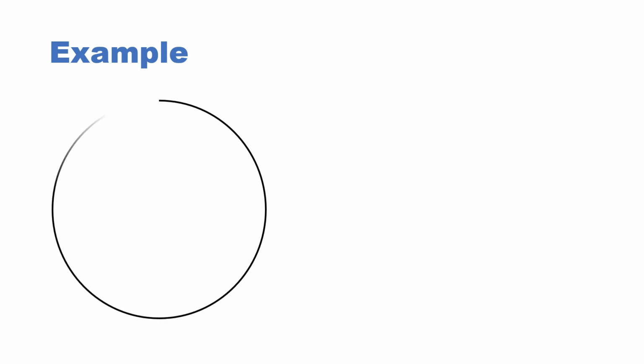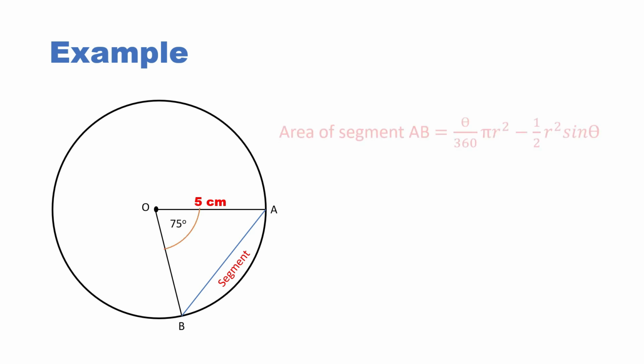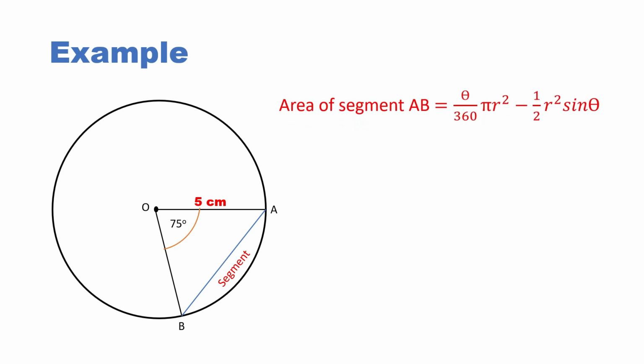For example, if we have our circle with center O and given the radius 5 centimeters and another radius to form a sector, we can also add a chord from A to B and get our segment AB. And this segment corresponds to the given angle 75 degrees. So the area of the segment is equal to theta over 360 times pi r squared minus half times r squared times sine theta.